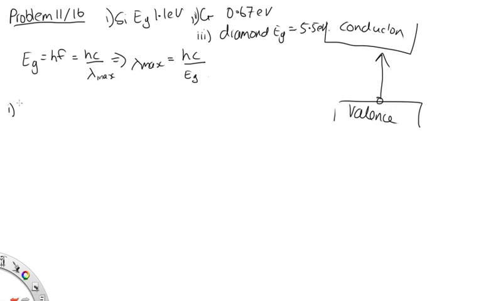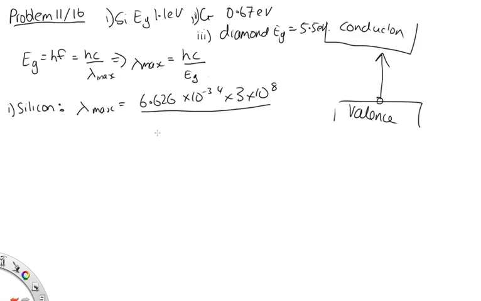So for silicon, we've got that the wavelength is equal to 6.626 times 10 to the minus 34 times 3 times 10 to the 8 over this energy gap, which is 1.1 times 1.602 times 10 to the minus 19 to get it into joules. Solving that on the calculator, we end up with 1.13 micrometers, or we could write it as 1130 nanometers.